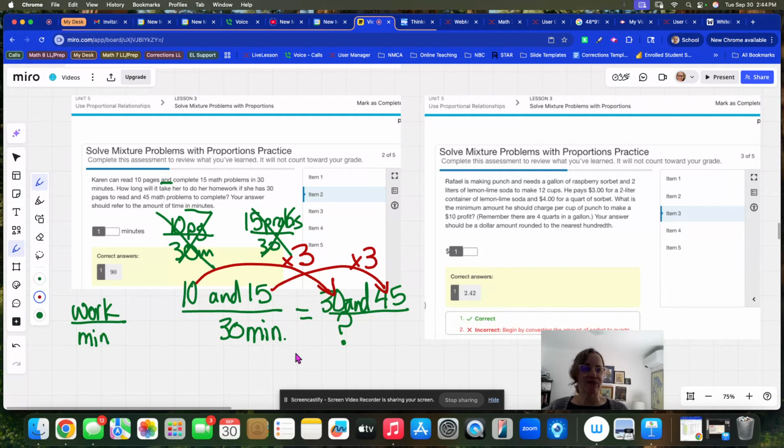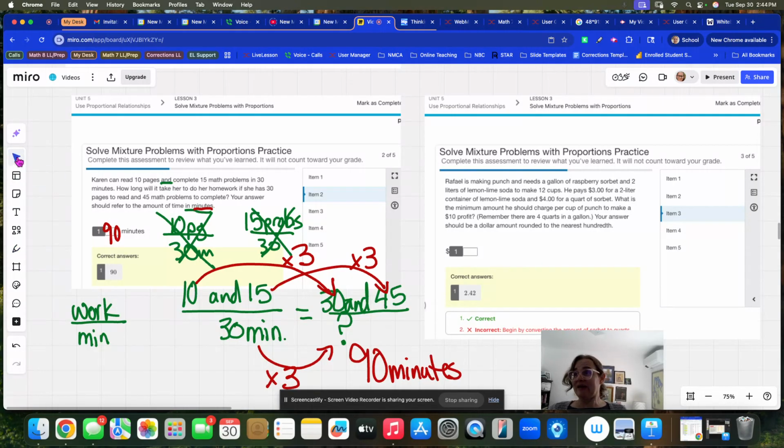Okay, 15 times 3 is 45. So what I need here is 3 groups of 30 minutes, which would end up being 90 minutes. Okay, so I think when they say it should be the number of time in minutes, they don't want you to convert that to an hour and a half. Okay, let's do another one.